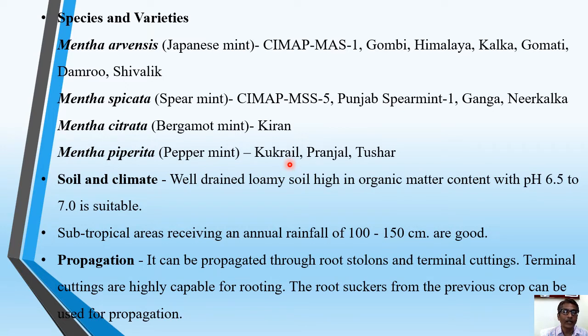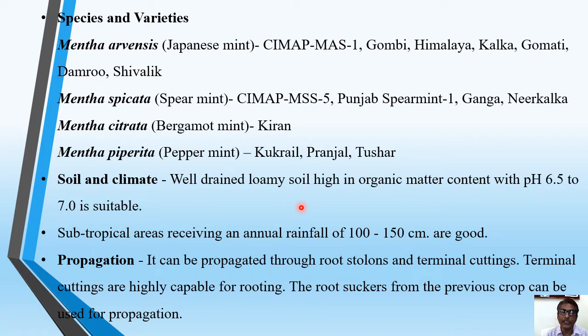The soil and the climatic conditions: well drained, loamy soil, high in organic matter content with pH ranging from 6.5 to 7 is suitable for the cultivation of Mentha species. Subtropical areas receiving an annual rainfall of 100 to 150 centimeters are good.